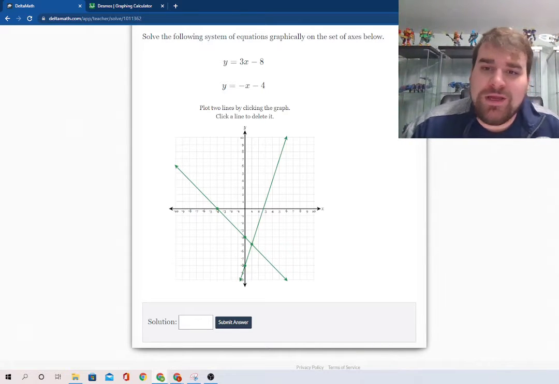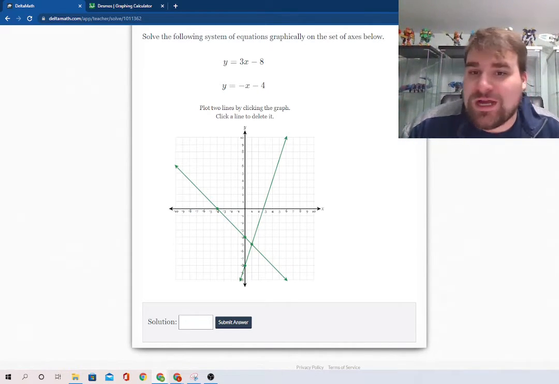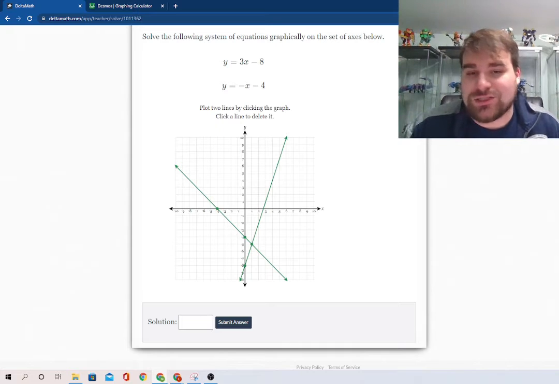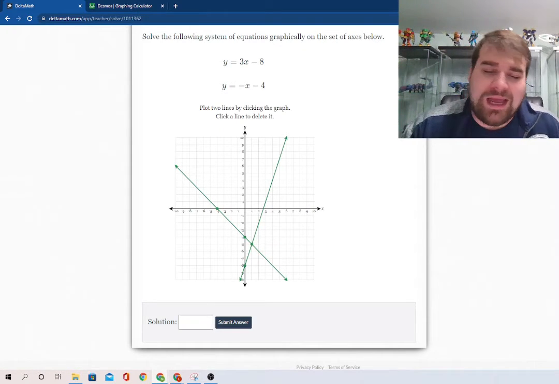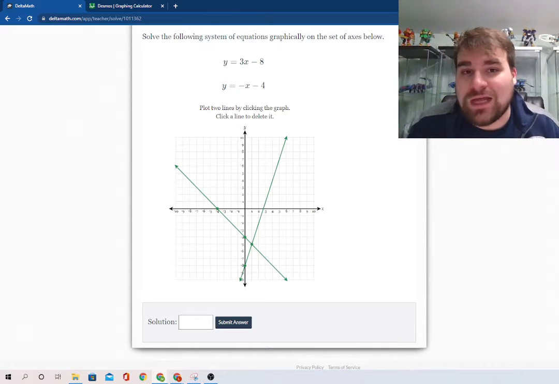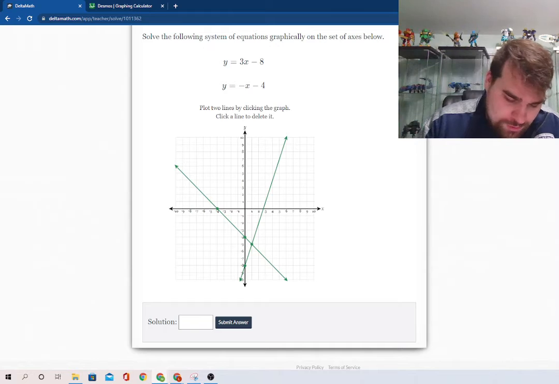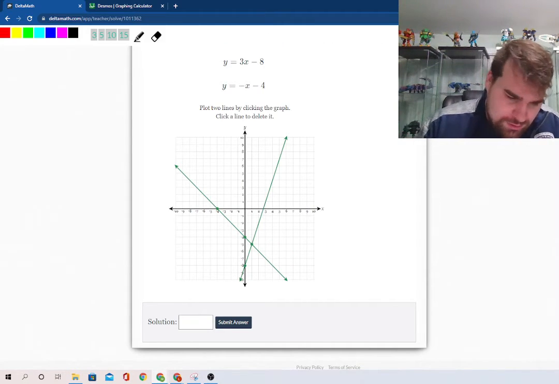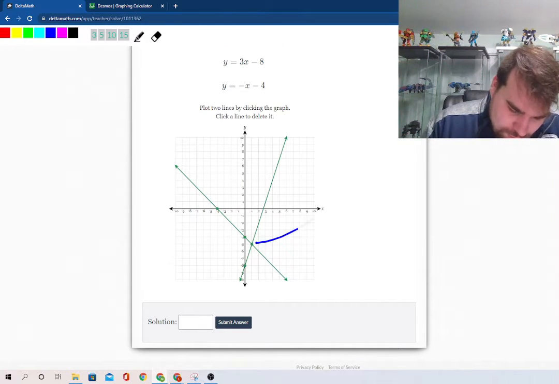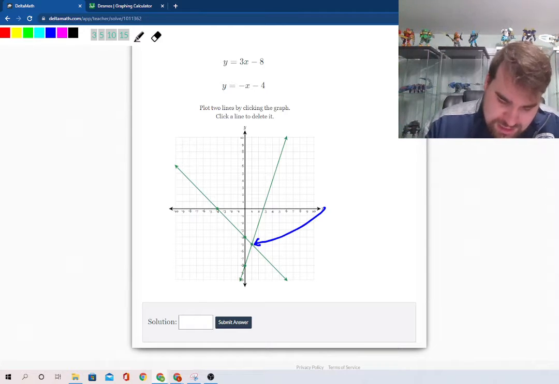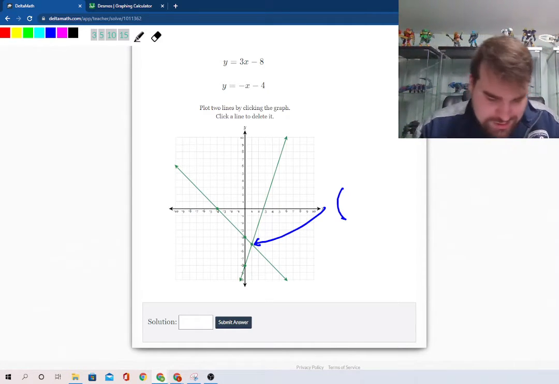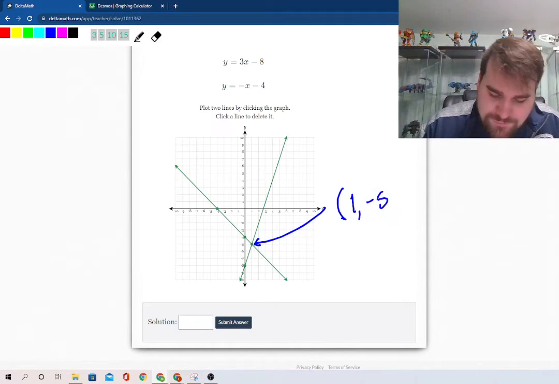We said earlier that this graph is actually where we find the solution to this system of equations as well. And that solution is found by the point where the two lines intersect. So we can read that off of this graph. Of course, we can look at this and say, well, it looks as if they cross right here, which is at the point, I'm not going to name it wrong this time, 1, negative 5.